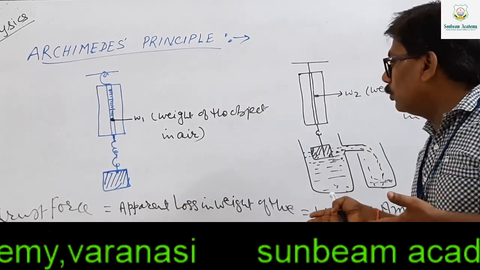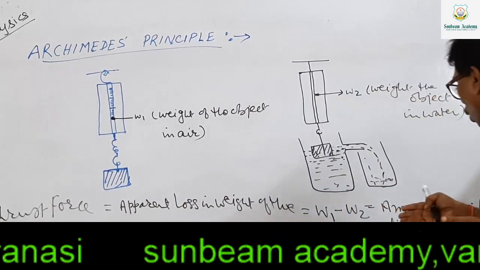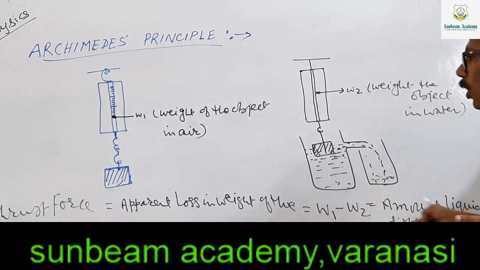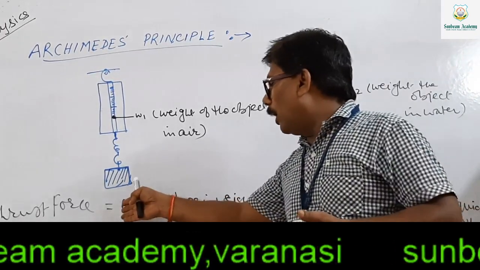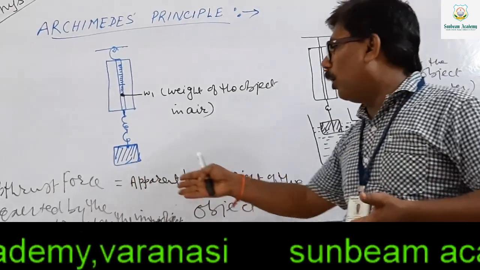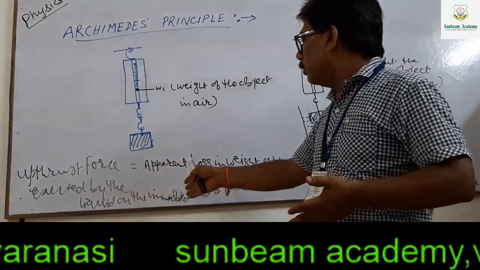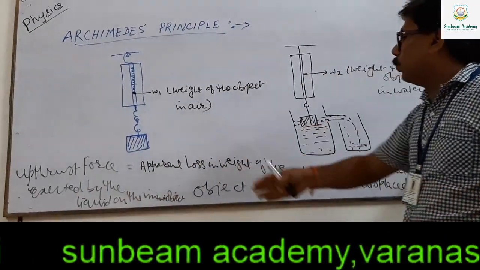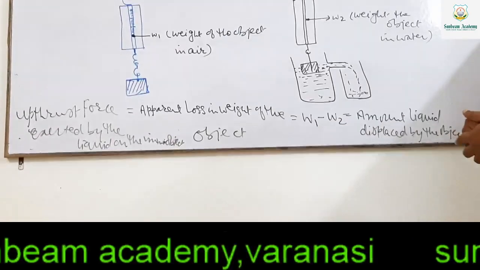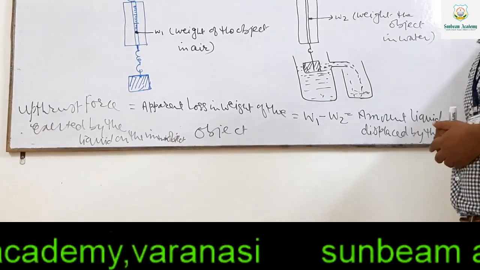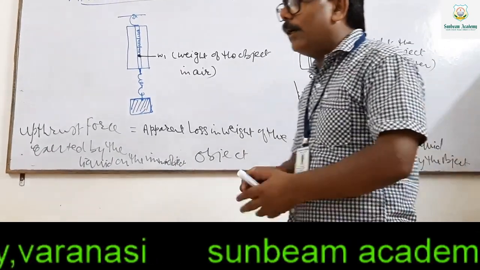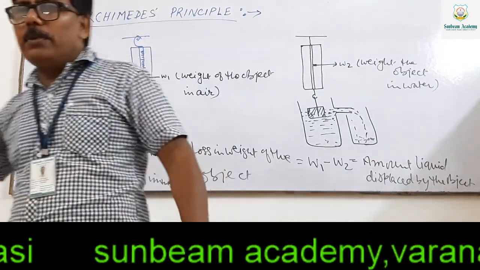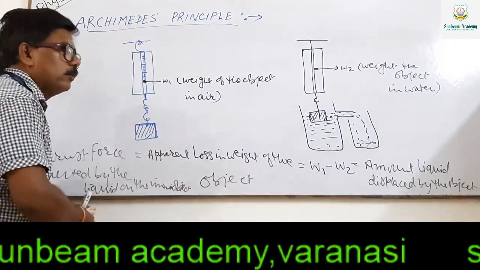That is equal to the amount of water displaced by that object, or apparent loss in weight, or upthrust force exerted by the liquid on the object. So now let us see the numerical based on this topic.